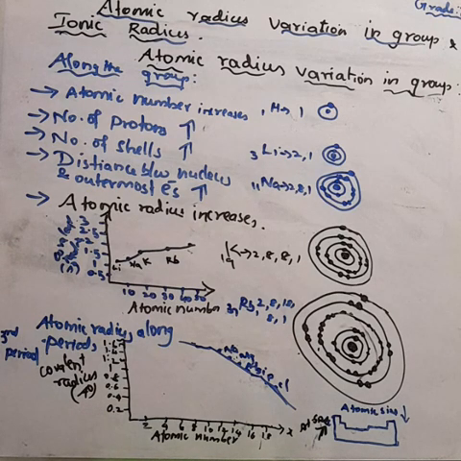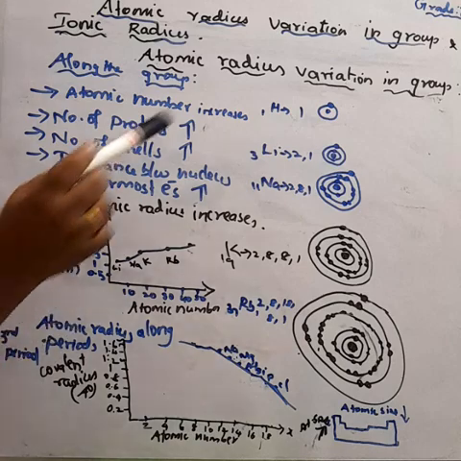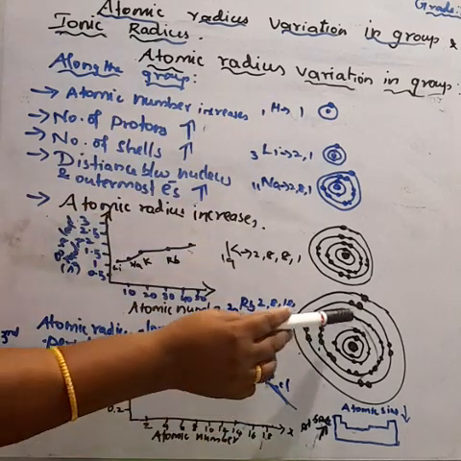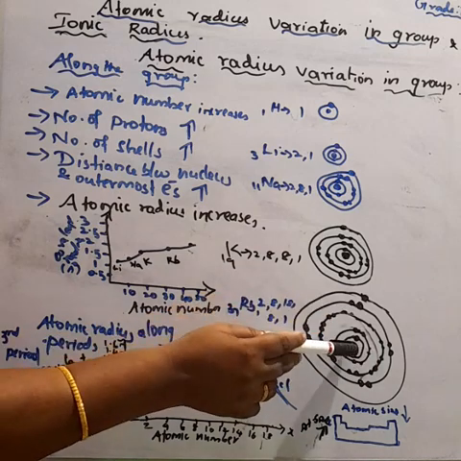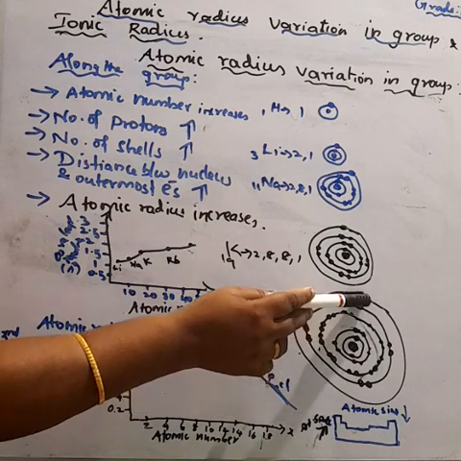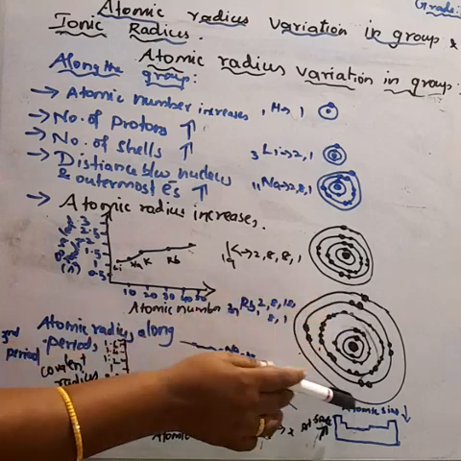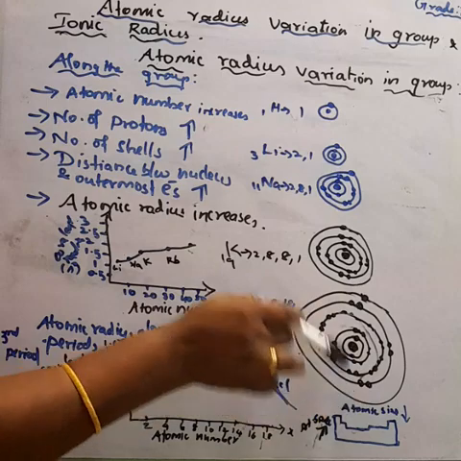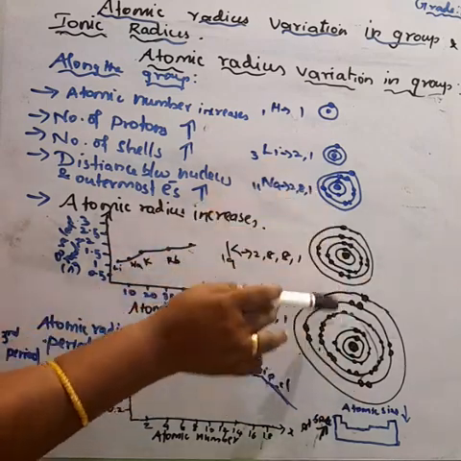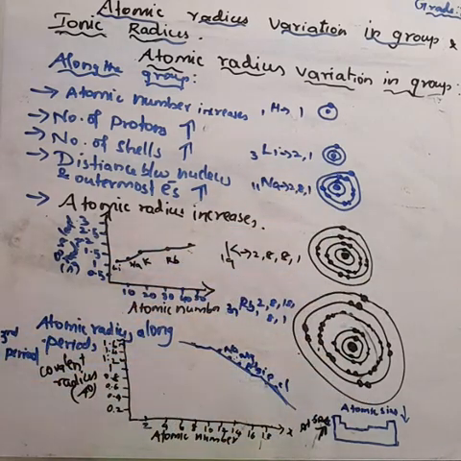That's why the atomic size decreases. But here, when we are moving from top to bottom, the inner electrons repel each other, so the nuclear force between the nucleus and outermost electron is low, so the atomic size is increased. Understood? These are about the periodic property in a group.